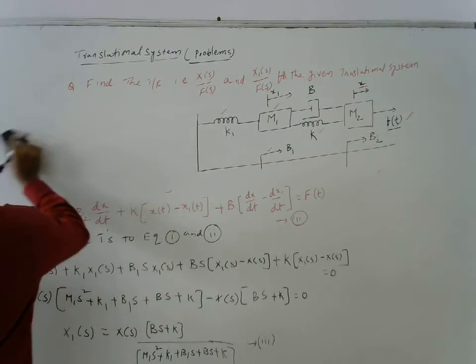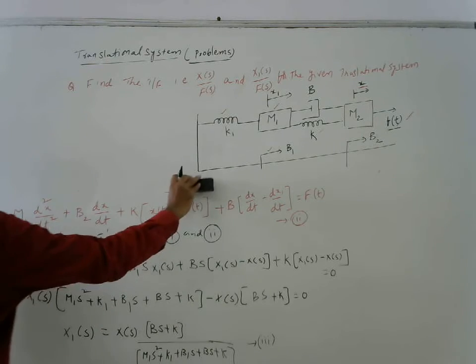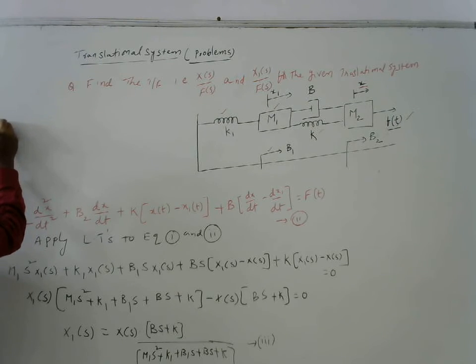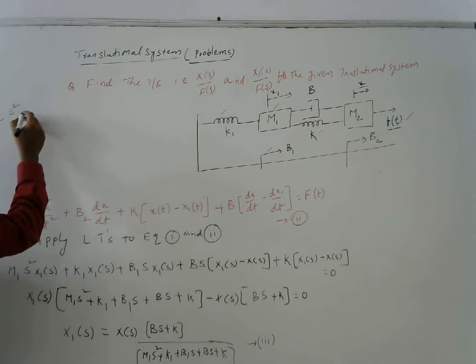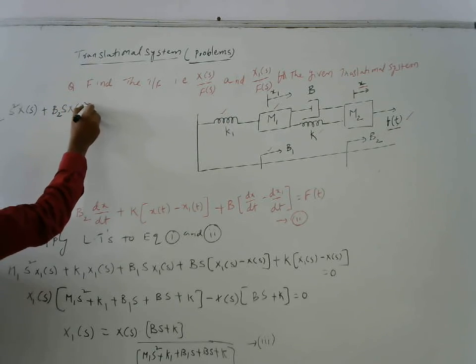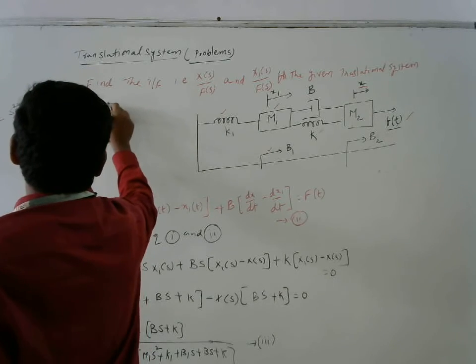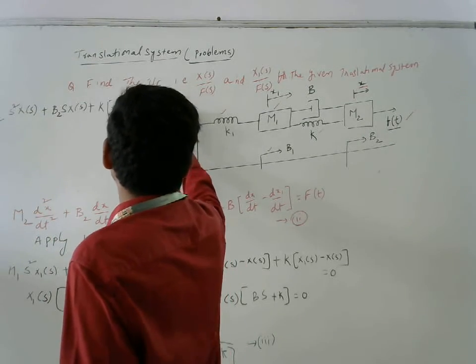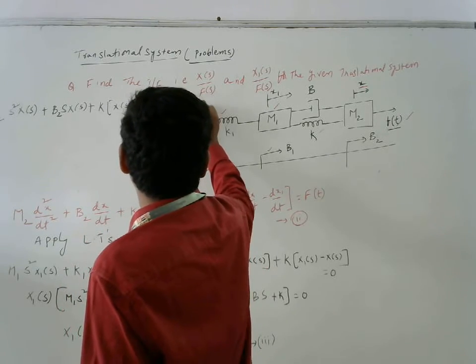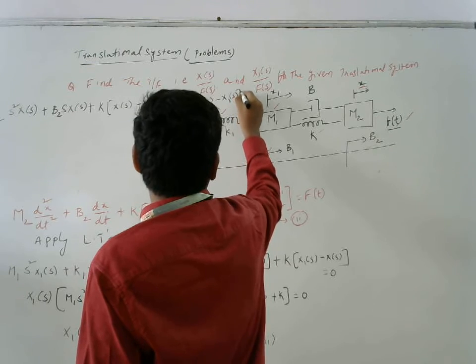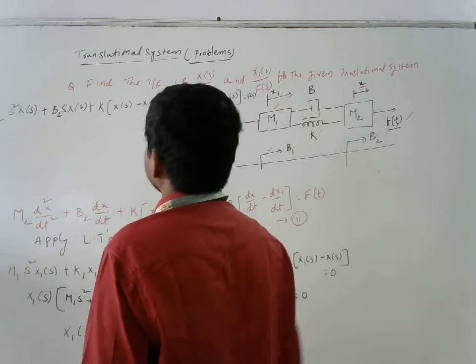If you apply the Laplace transform to equation 2, what are we going to get? m2 into s square x of s plus b2 into s into x of s plus k into x of s minus x1 of s plus b into x of s minus x1 of s, which is equal to f of s. That is the second equation.